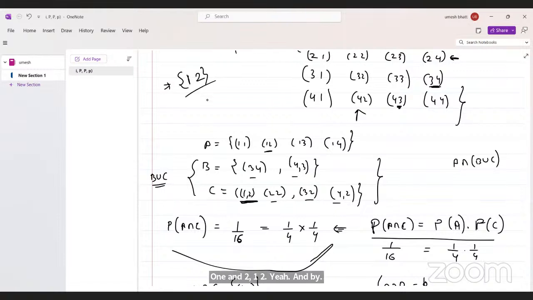What is the probability of this? 1 by 16. And what is the probability of A? 1 by 4. And the probability of C? 1 by 4. Is this equal? Yes, sir. So they are independent.